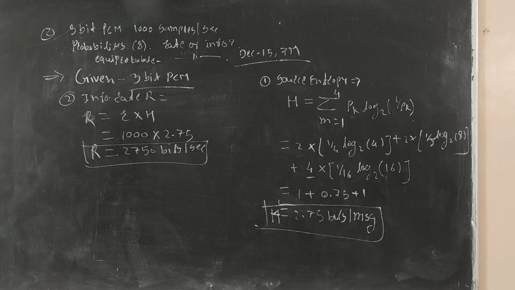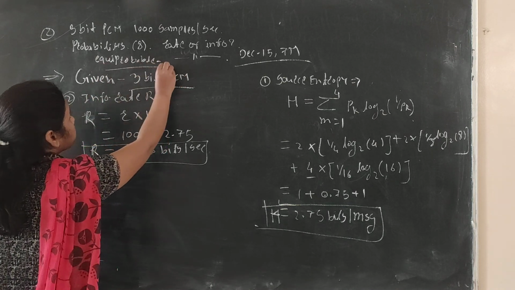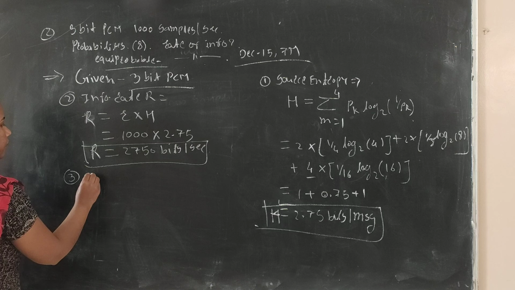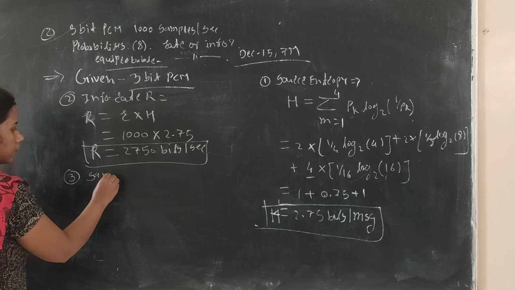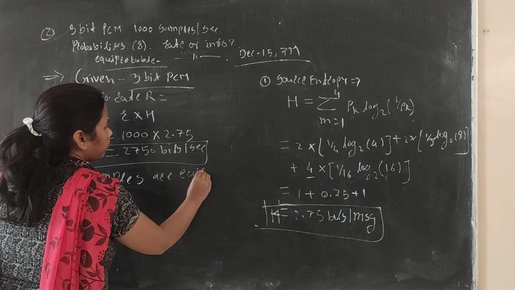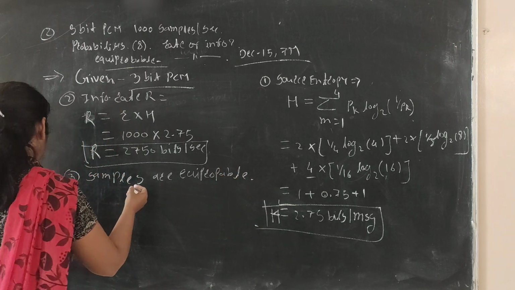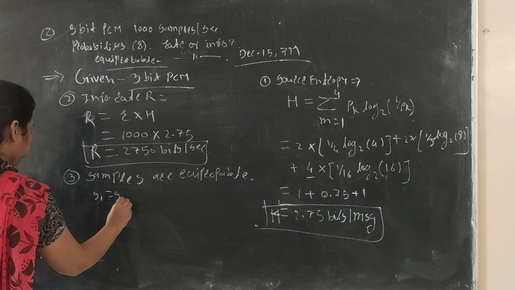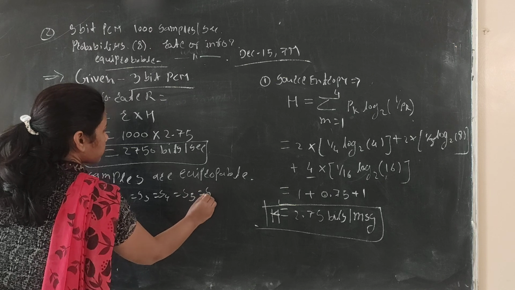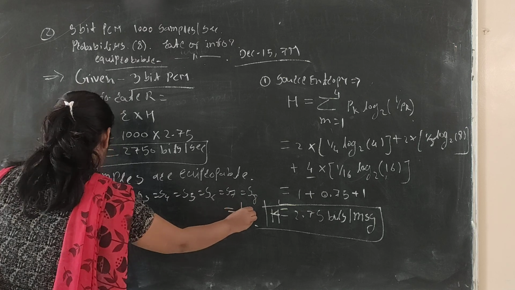Now, finally, we have to find the rate of information if the samples are equiprobable. So here S1 is equal to S2 is equal to S3 is equal to S4 is equal to S5 is equal to S6 is equal to S7 is equal to S8, and each is equal to 1 by 8.